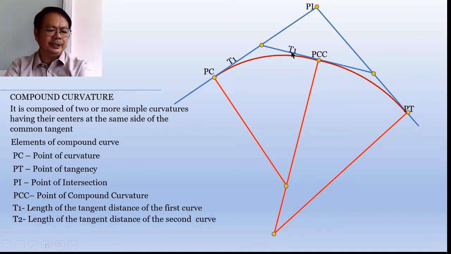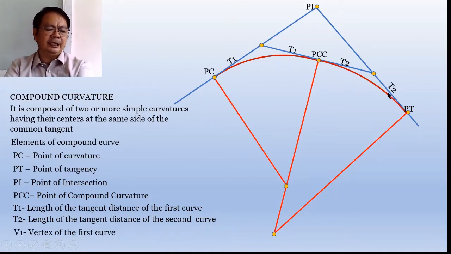We also have here the length of the tangent distance of the second curve. Kung ito yung second curve natin, then this distance from here up to that point shall be our length of the tangent distance of the second curvature, normally denoted with the symbol t sub 2. And this distance will also be equal to this tangent sub 2.